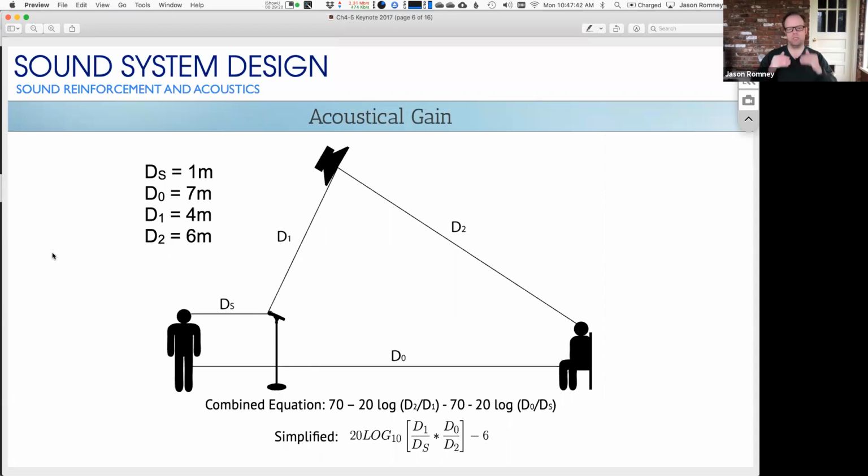The math will tell you the potential for what you're able to achieve gain or feedback wise, but there's other variables that we're not considering here, such as reflections, noise floor. There's other issues that would affect the way you perceive that gain. So even though you might have the potential of achieving 30 dB of acoustical gain, you may not really ever realize that fully because of some of these other factors. So it's just to remind you that that's the potential, not necessarily the reality.